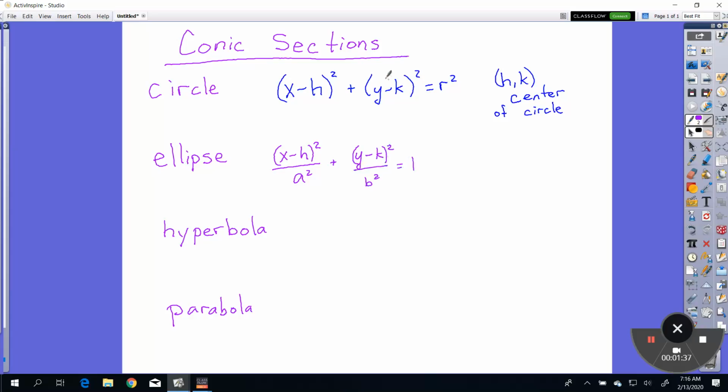So really a circle is the same thing. It's just that a and b are equal on a circle. So on an ellipse, a and b are kind of, well, we'll just put this. h, k, that's the center.